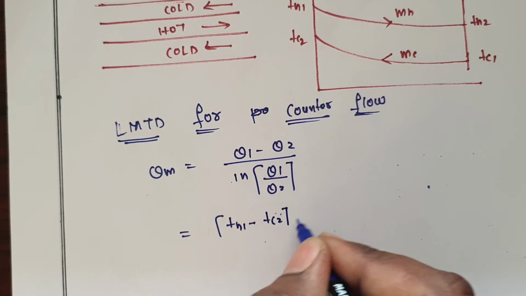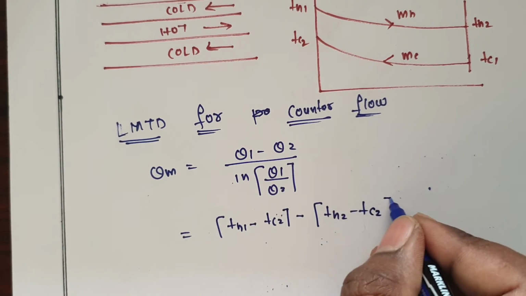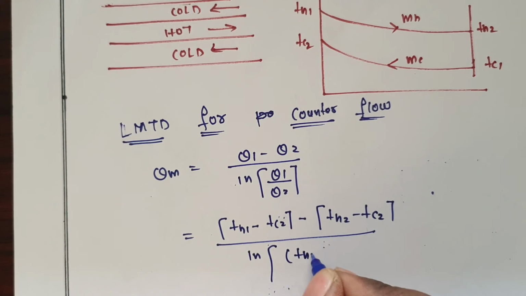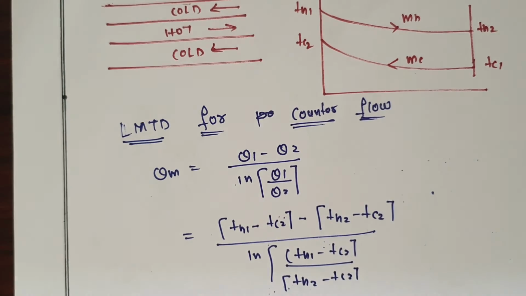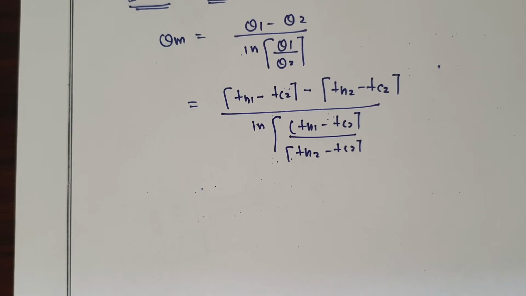Theta m is equal to (TH1 minus TC2) minus (TH2 minus TC1) by ln of (TH1 minus TC2) by (TH2 minus TC1). This is the LMTD for counter flow.